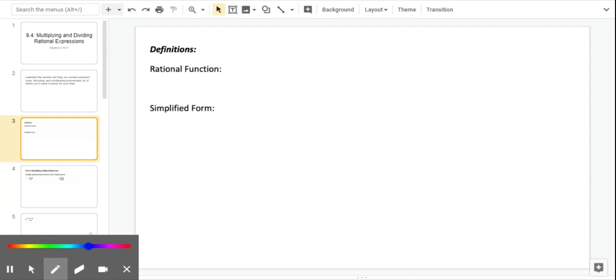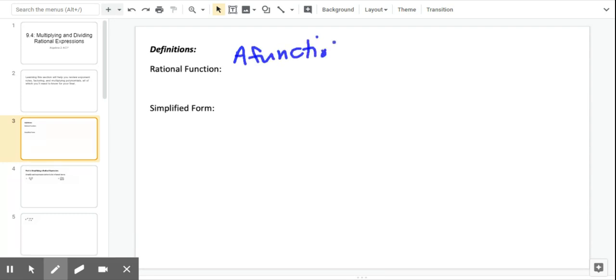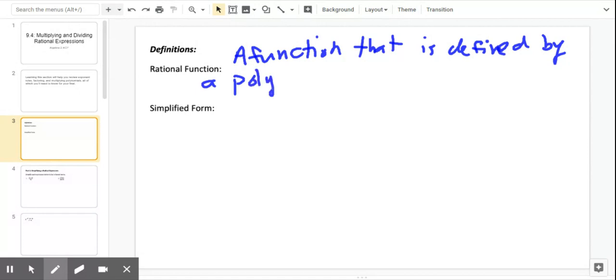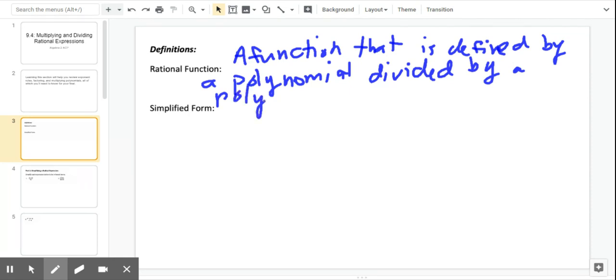A rational function is a function that is defined by a polynomial divided by another polynomial. And in parentheses, I'm going to put fraction, because these are basically functions that are in the form of a fraction.